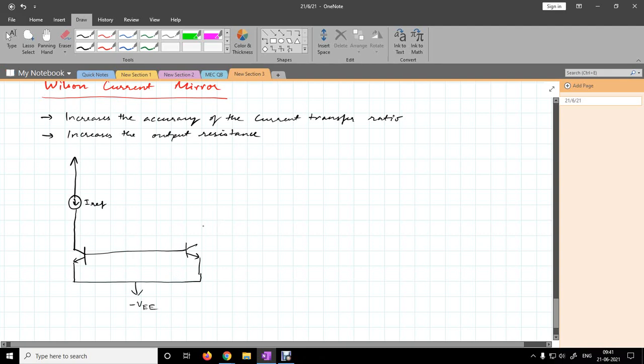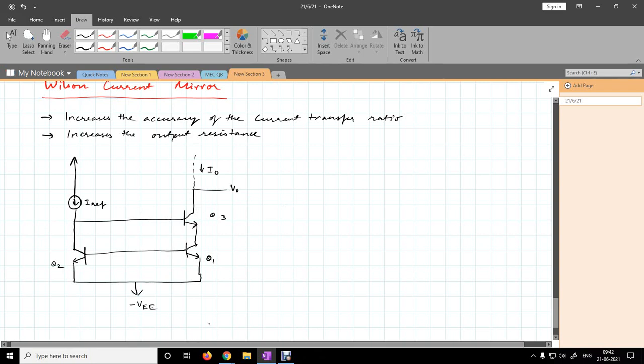This one goes to another transistor here, like this. This is V naught and this is I naught. So this is Q2, Q1 and Q3. This I will call Q3.